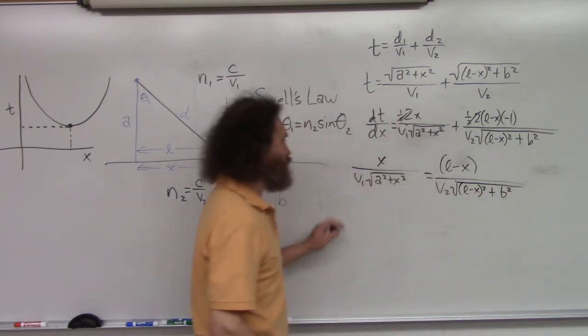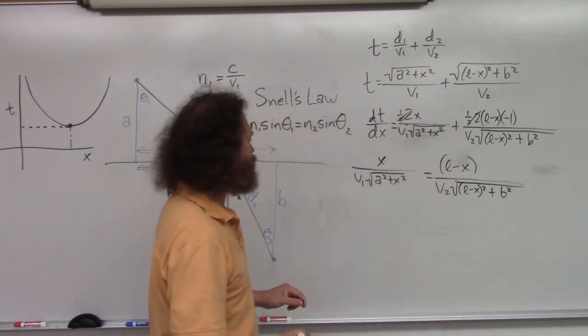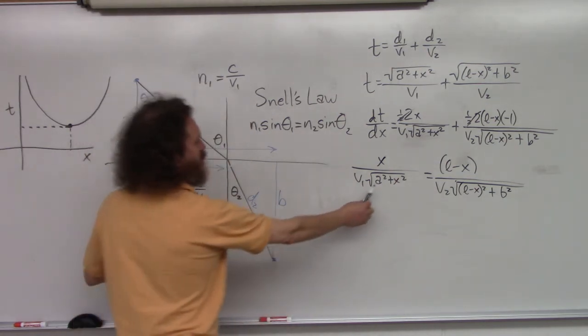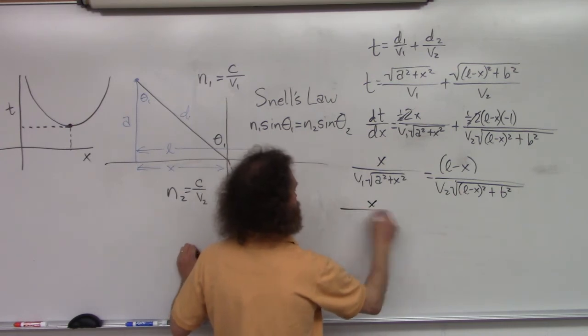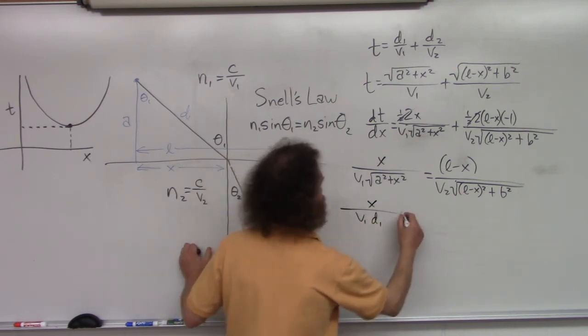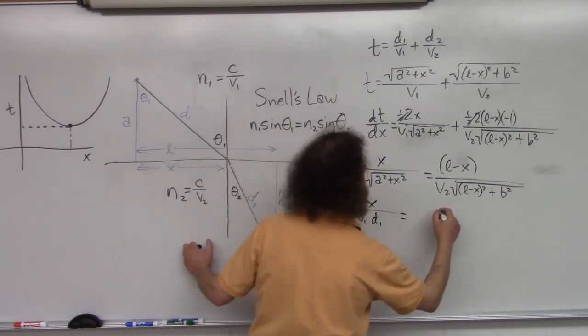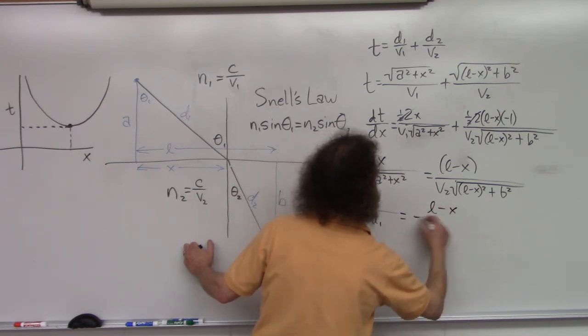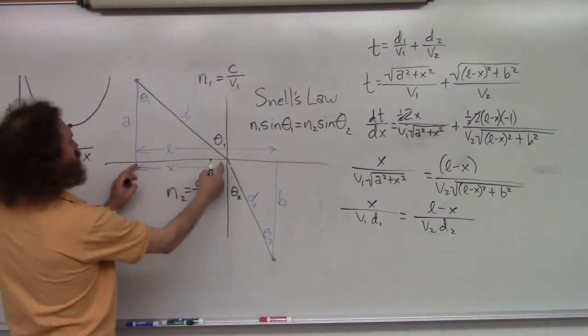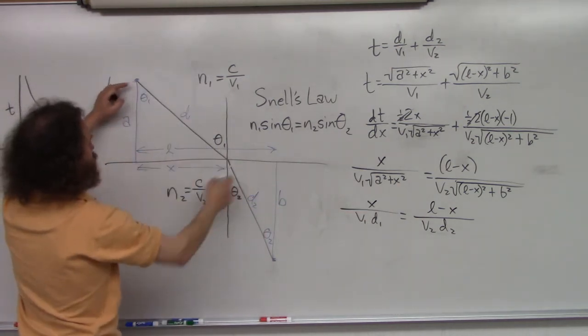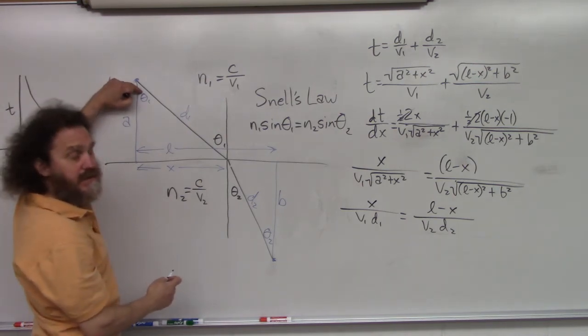Now this looks kind of complicated to solve, but this right here is D1, and this right here is D2. And x over D1 is the sine of this angle, right?